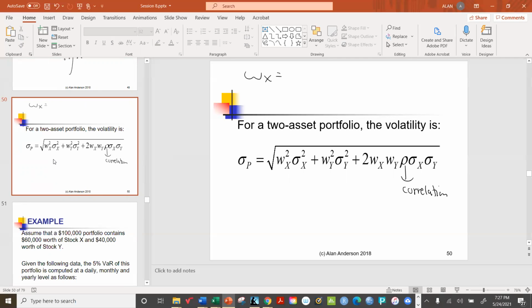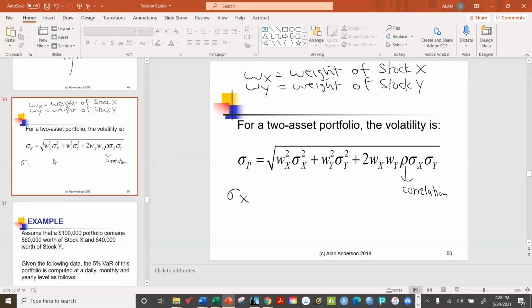Let's say this is stocks X and Y. The weight is how much you invested in that stock as a percentage. WY is the weight of stock Y. And what about these other terms?